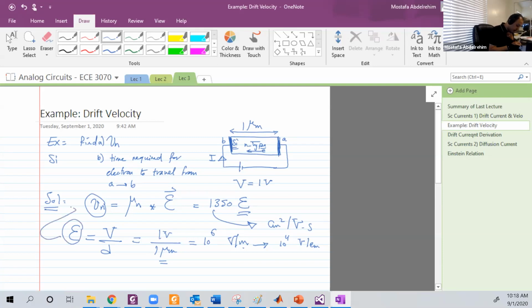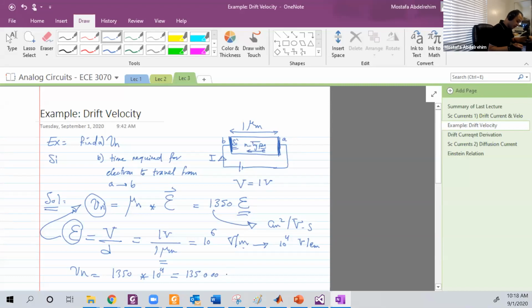Now we can go back to Vn and calculate Vn. So Vn is equal to 1350 multiplied by 10 to the power 4. So this will give us 13.5 times 10 to the power 6, 135 with 5 zeros.